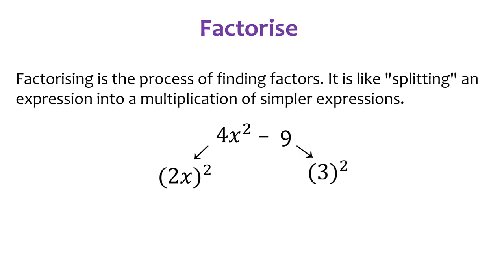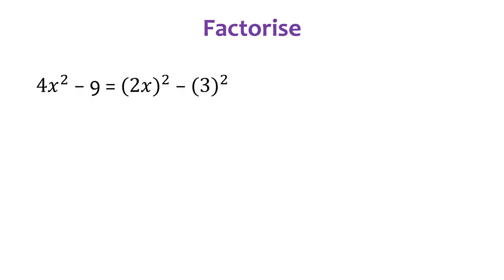And then the 9 can be written as 3 squared. Then you can factorize, and say (2x) all squared minus (3) all squared.